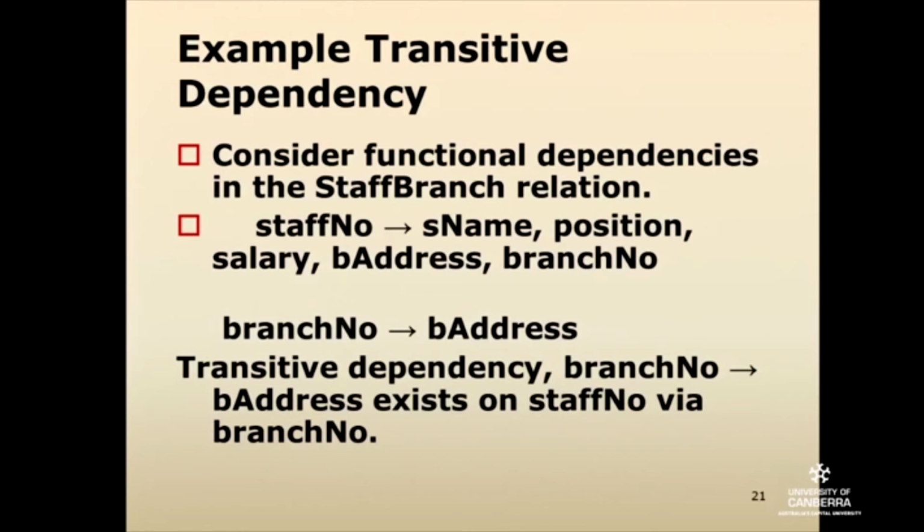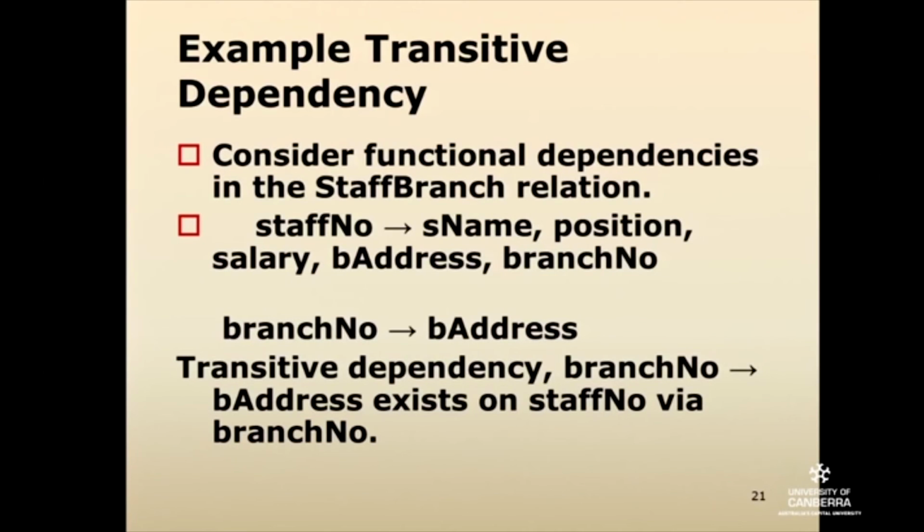Let's say you have a table of staff, and the table has these attributes: staff name, position, salary, branch address, and branch number. This is the second table you saw, the bad design.